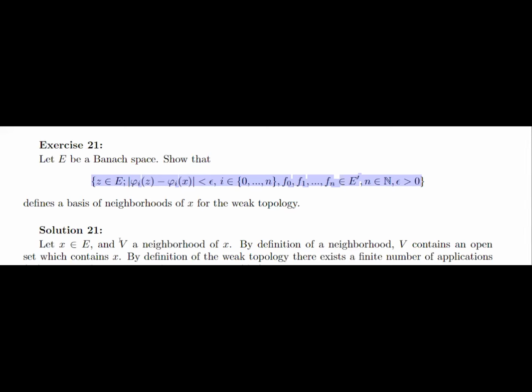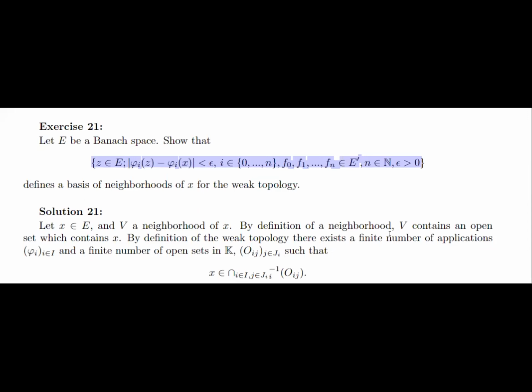Now, by the definition of the weak topology, this open set contains the intersection of a finite number of reciprocal images of open sets Oj by phi i, where those are linear continuous applications.